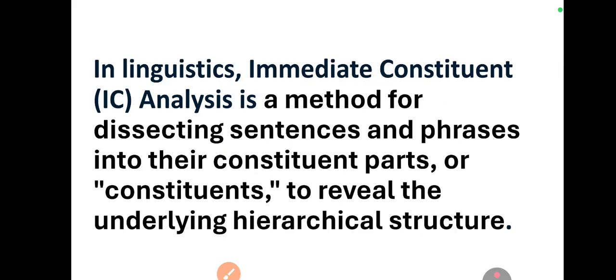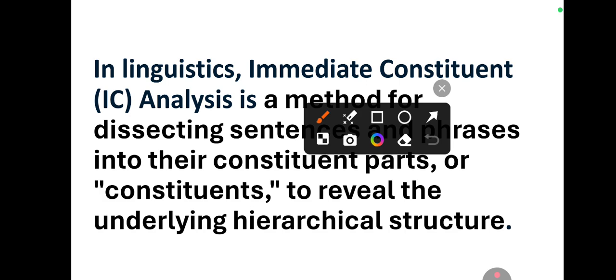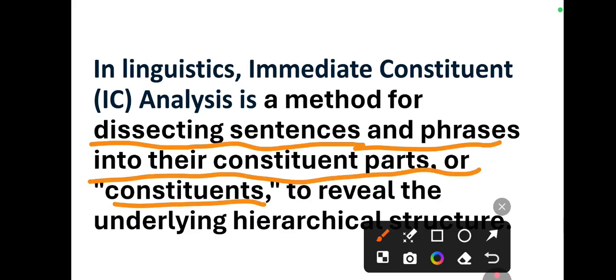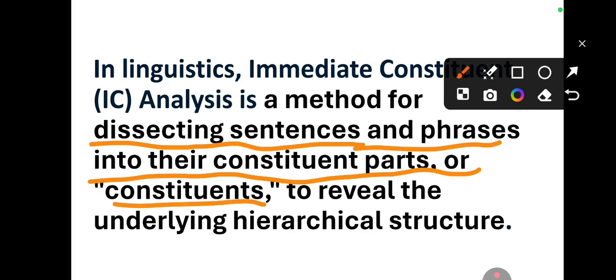We all know that in linguistics, immediate constituent or IC analysis is a method for dissecting sentences and phrases into their constituent parts or constituents, right? So this is a kind of dissection to reveal the underlying hierarchical structure.